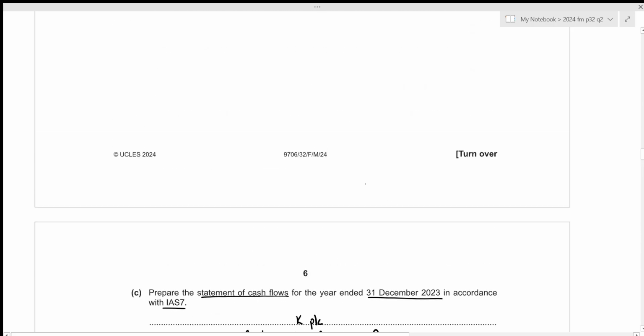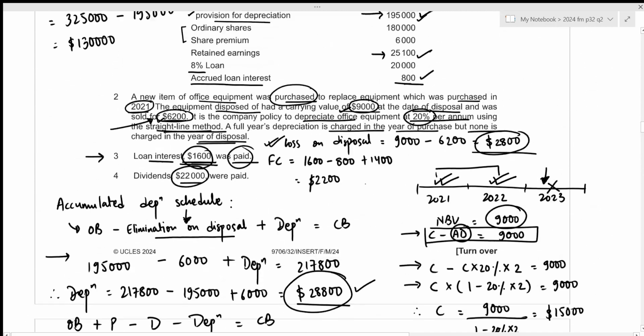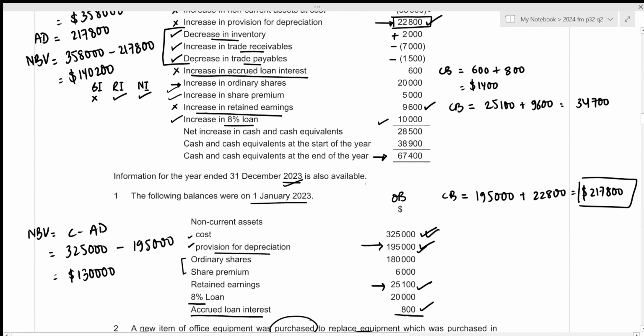Okay, so the first thing we had for the financing activities was the change in our ordinary share. And remember, there was no mention of bonus issue, which means that we can assume this 20,000 as well as this 5,000 was due to the proceeds of new shares. So that will be 20,000 plus 5,000, which results in 25,000. And since this is the increase in share capital, this will be additional cash flow into the business.